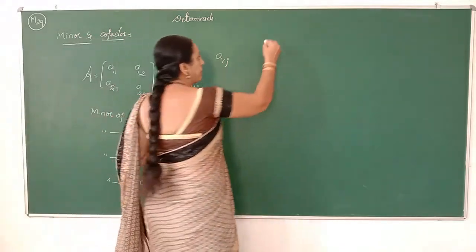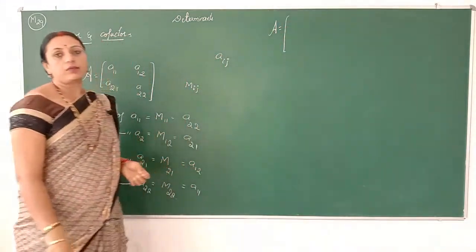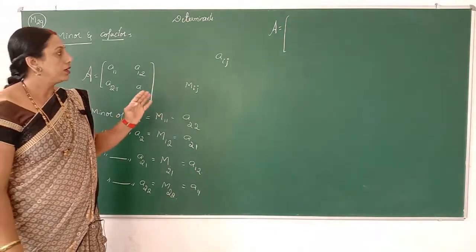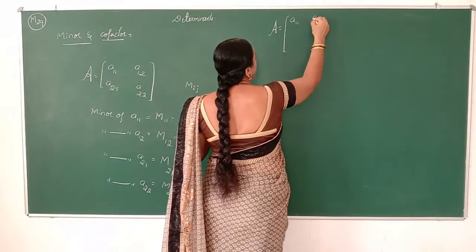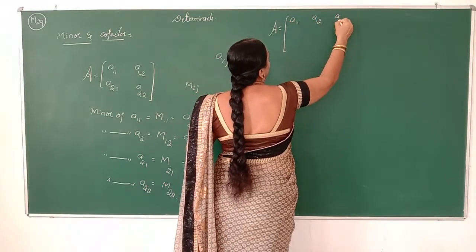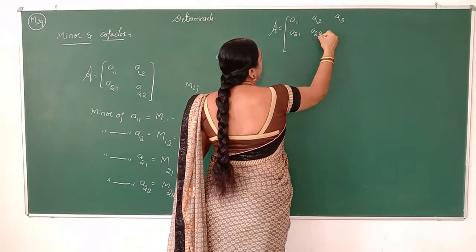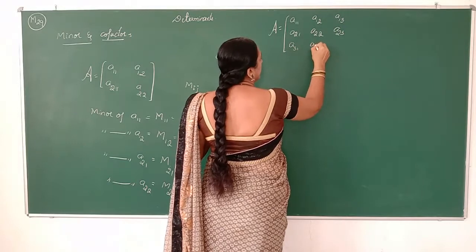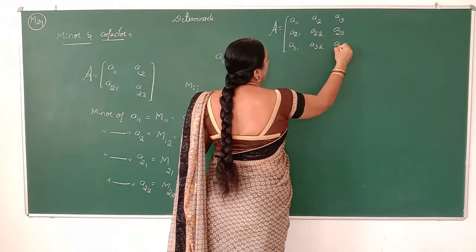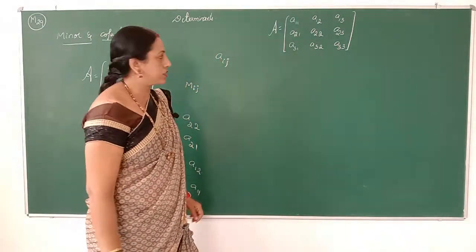Similarly, we find the minor of each element of a matrix of order 3 cross 3. Now the elements of A are A11, A12, A13, A21, A22, A23, A31, A32, A33.